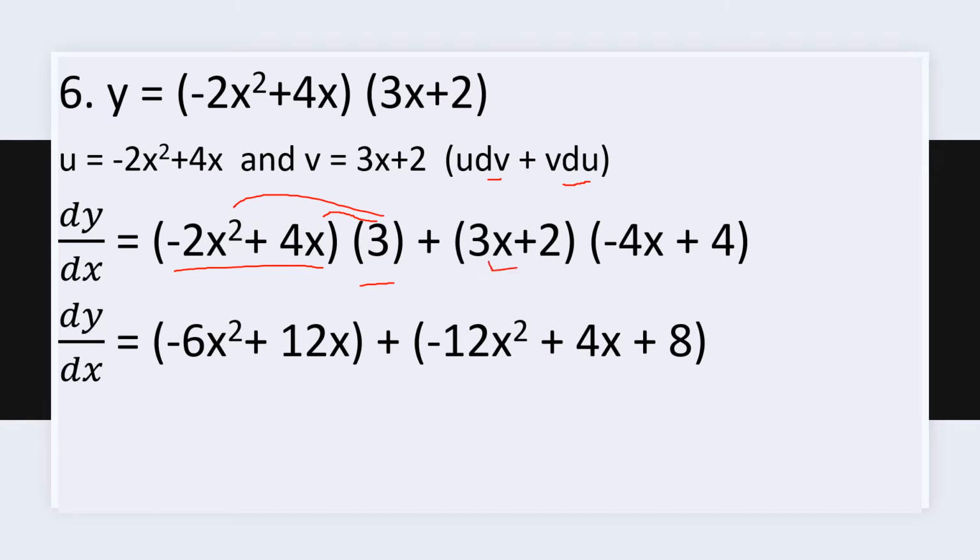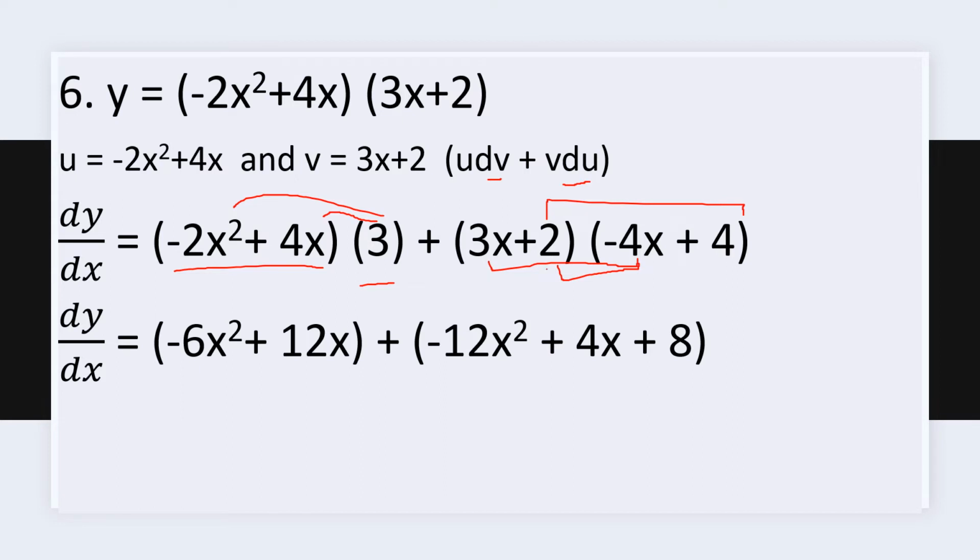FOIL method: 3x times negative 4x, negative 12x squared. 2 times 4, 8. Inside, 3x times 4, 12x. Outside, 2 times negative 4x, negative 8x.